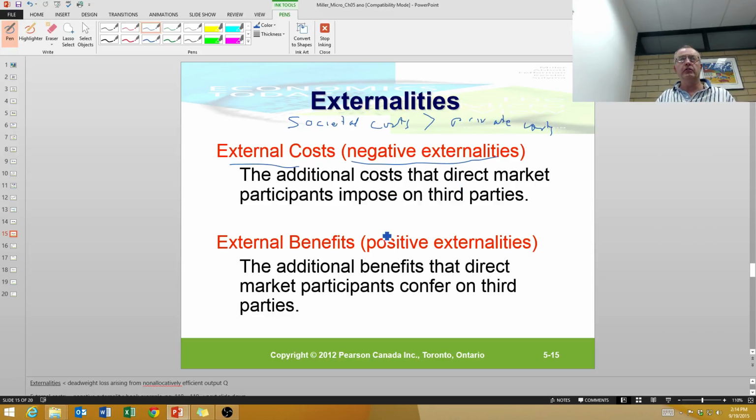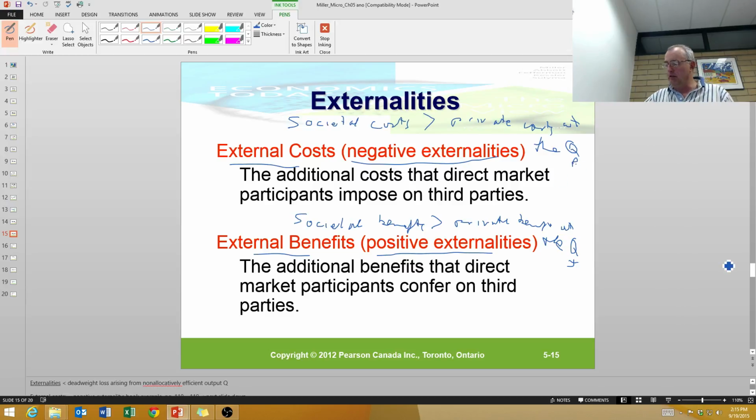And when we speak about so-called positive externalities, otherwise known as external benefits, this is where societal benefits are greater than private benefits at the private level of output.